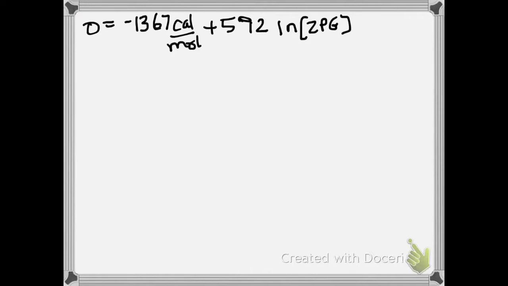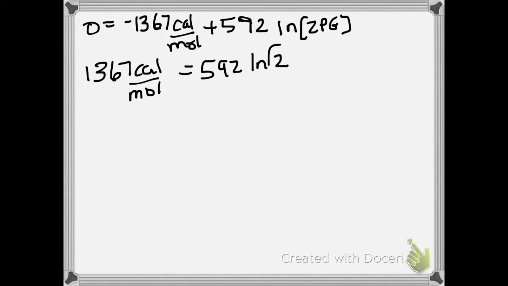Okay, let's bring the 1367 over to the other side. So we're going to add 1367 to both sides. Now, at this point, we have to get rid of that natural log.